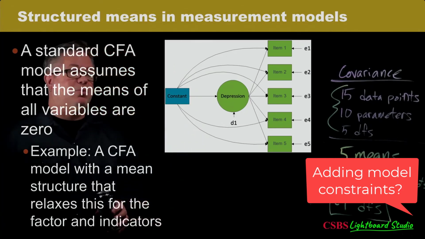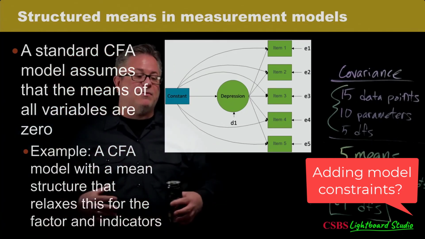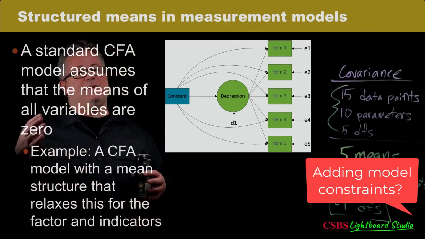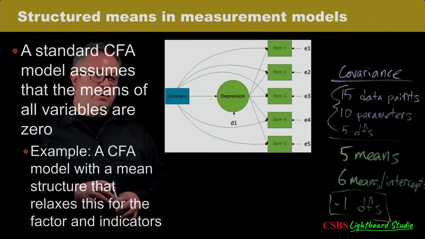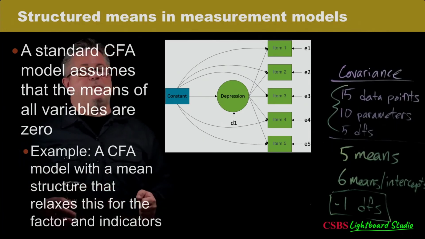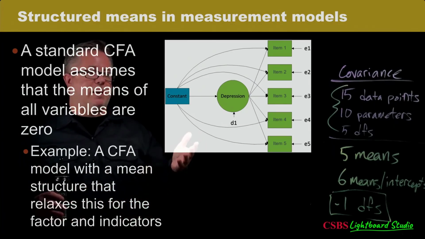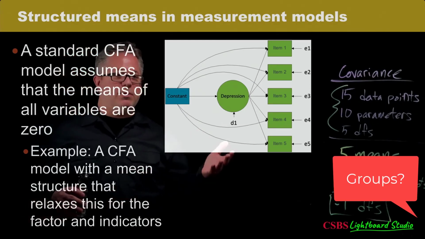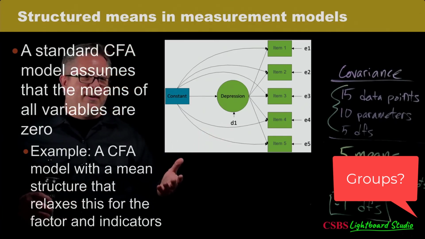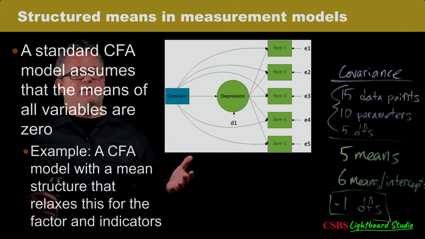Right, and what is that in general? What is that approach? What kind of model is that? What do you have to have in order to be able to do that? Fixing paths across what? I have to have groups. Gotta have multiple groups.